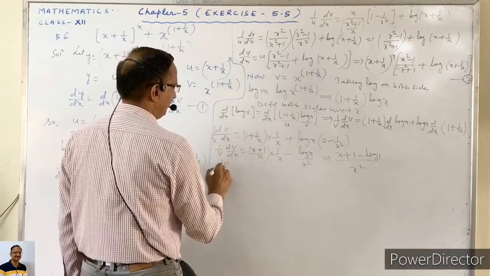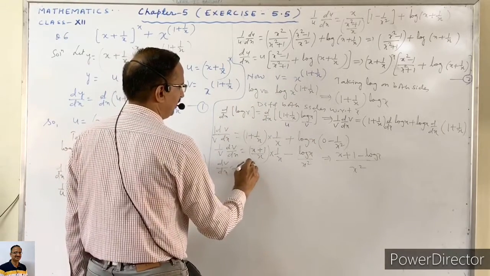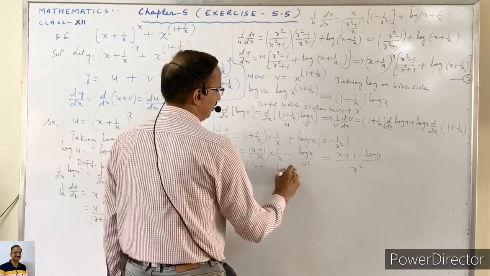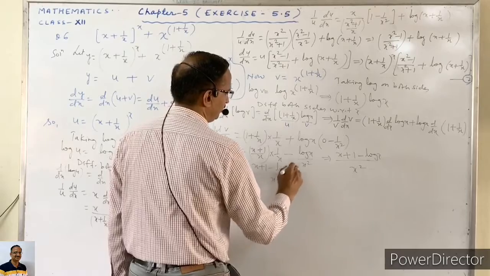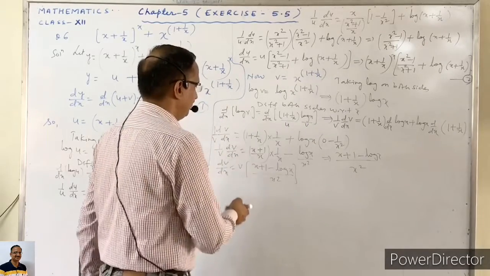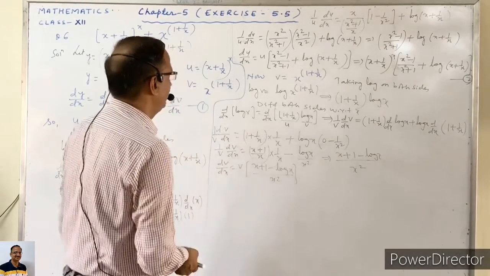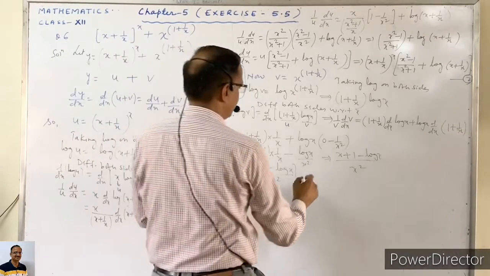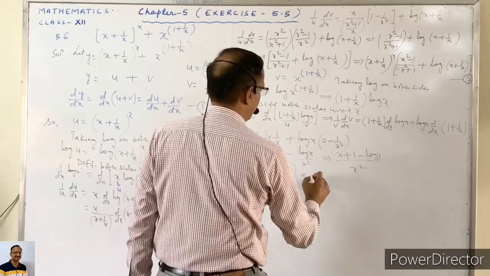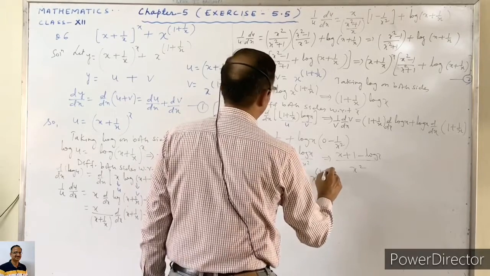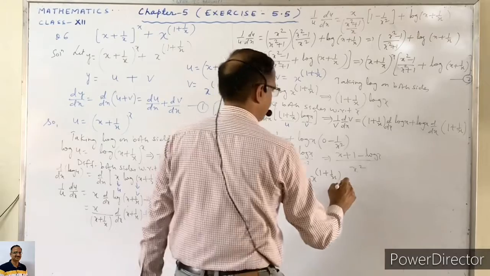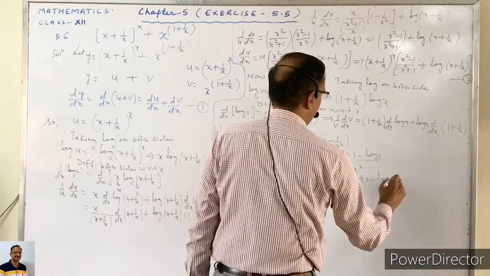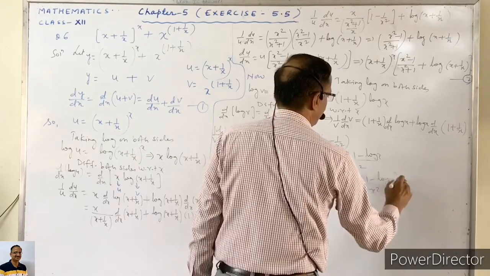So the value of dv by dx is v times (x + 1 − log x)/x². Now when we put the value of v, which is x raised to power (1 + 1/x), this can be written as x^(1 + 1/x) times (x + 1 − log x)/x².